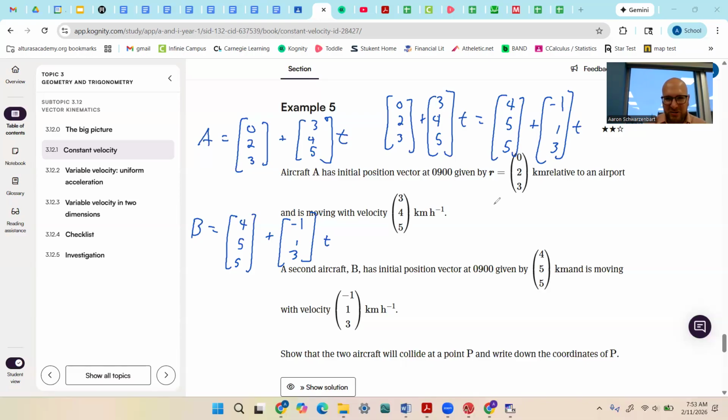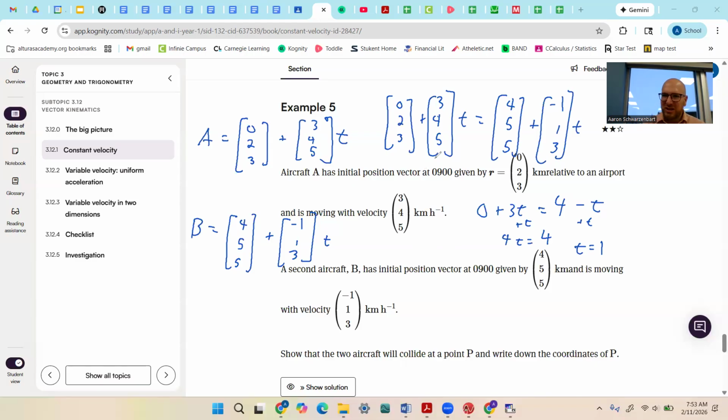What I can do is take one line of this, the x line, and solve it. So I have 4t equals 4, giving me t equals 1.